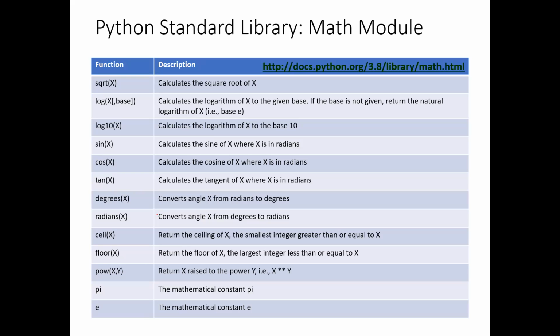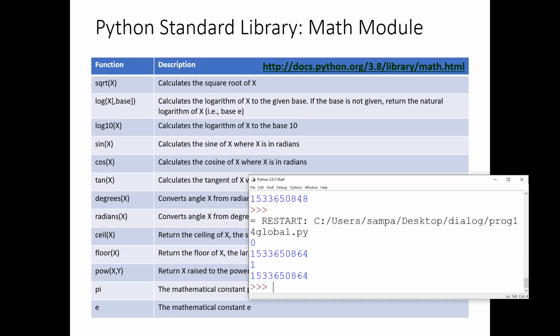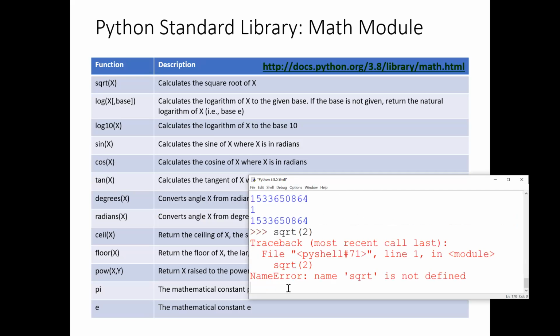Let me explain. For that, I will make use of the shell. Something like this I could do. Let me say I want to get the square root of 2. So I can try like this. Now we know that there's no function.